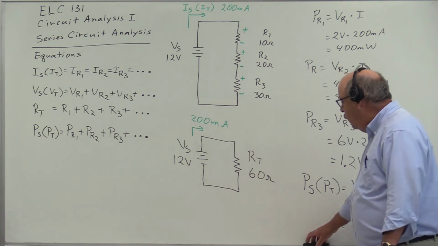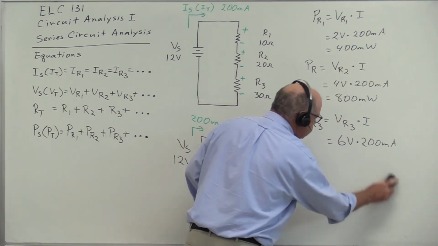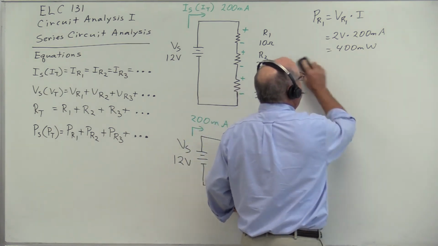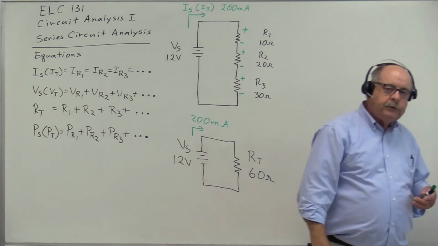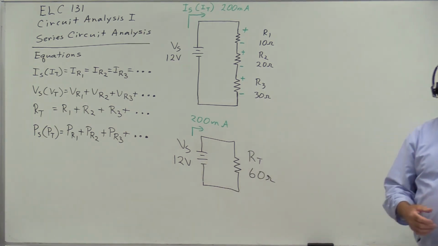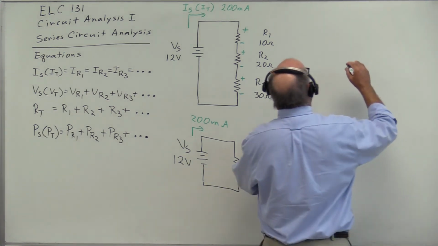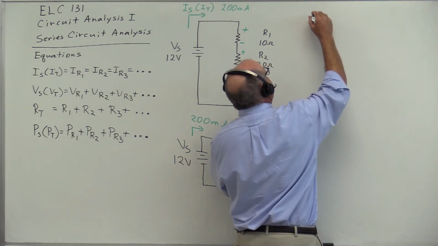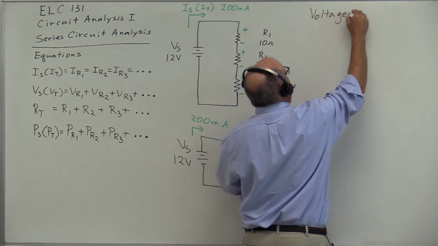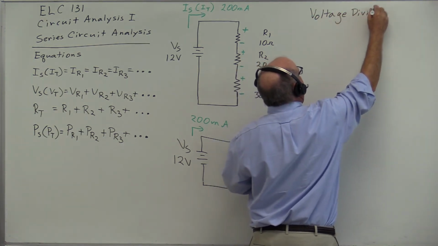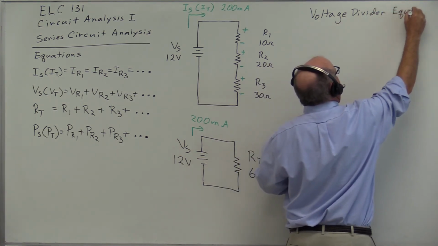Now, oftentimes when analyzing a series circuit, we want to find the voltage drop across a resistor, yet we don't need to find the current. So we'll make use of an equation that I call the voltage divider equation.